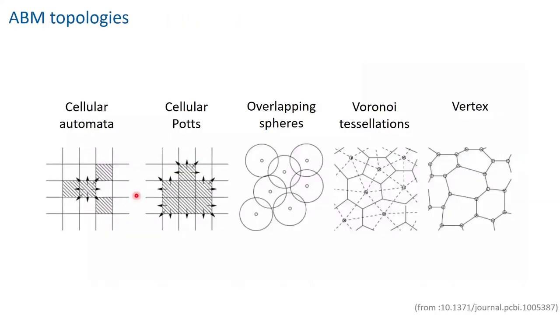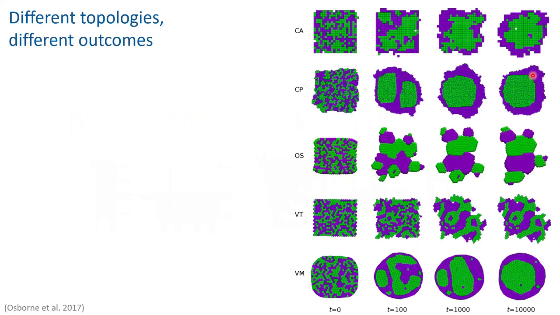But what we are going to talk about is mostly the cellular automata models, which can also have many other shapes. So, for example, if you assume different topologies, you can see here the cellular automata, the grid-like.